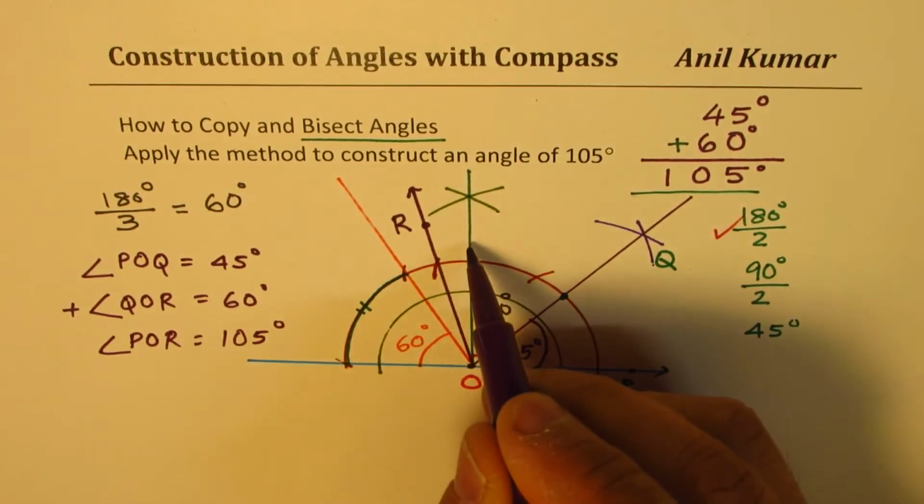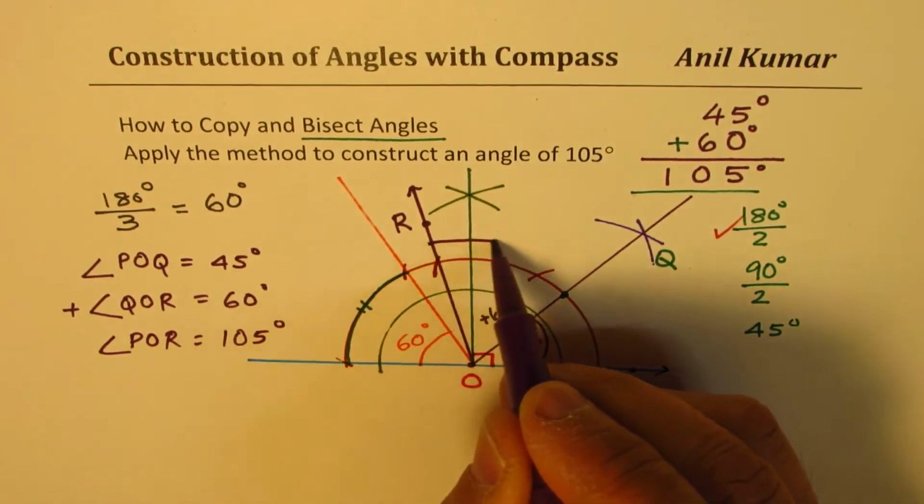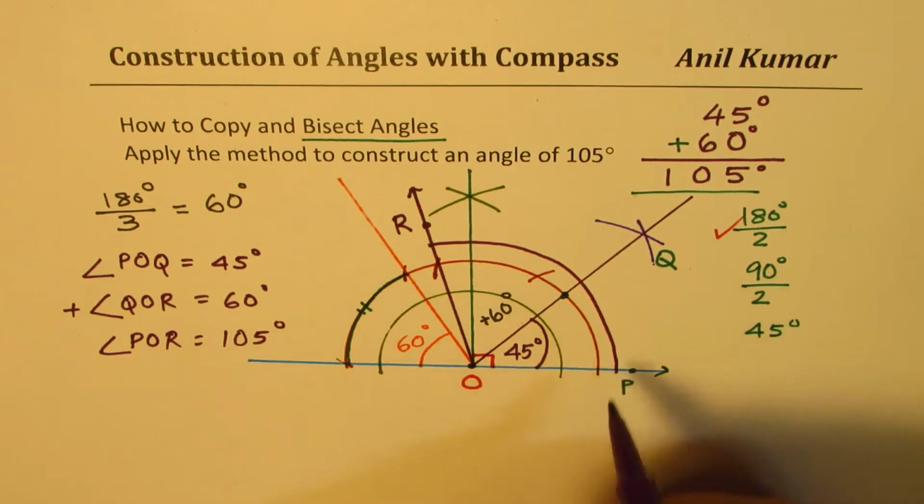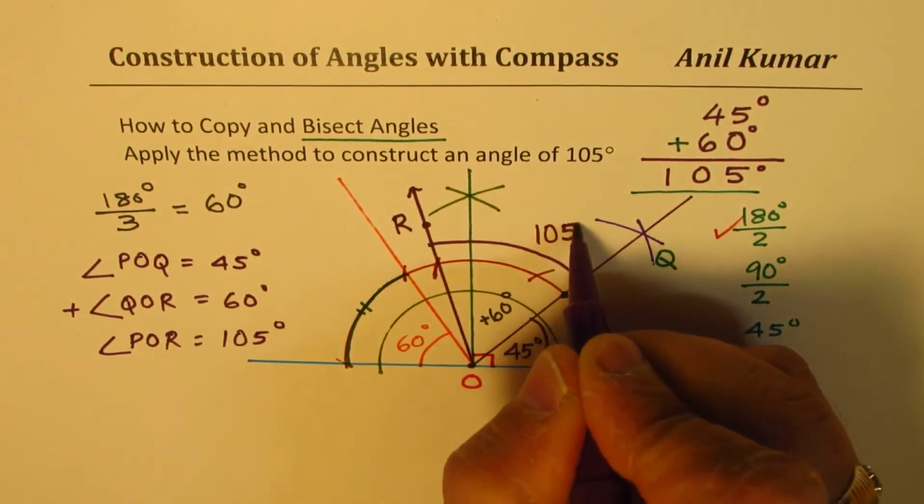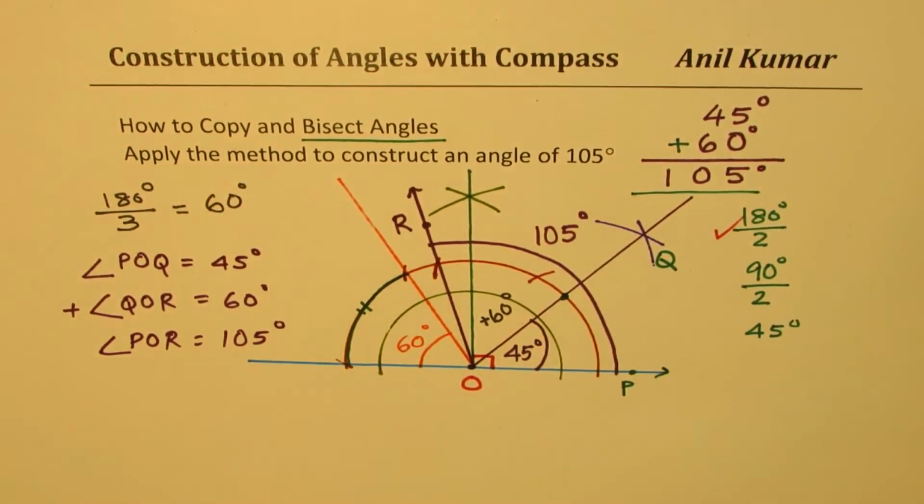Do you see that? So this angle here from this side, all this is 105 degrees. Do you understand how? So in this example, you also understood how we copied that angle of 60 degrees over 45 to create a 105 degrees angle. So you learn how to create angles with compass. You also learn how to copy them and how to bisect them.